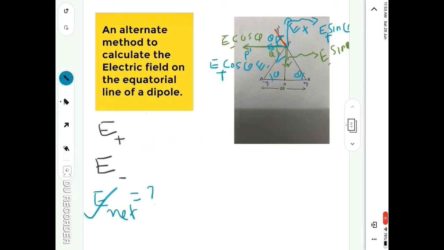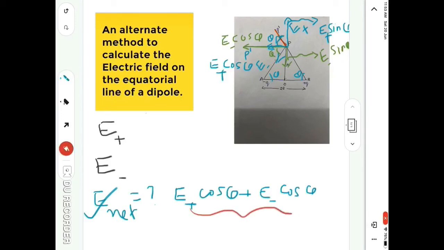So we do E plus cos theta plus E minus cos theta, which can result in a net between them, which is the overall electric field at the point P as well.